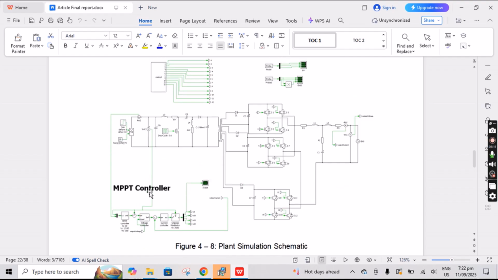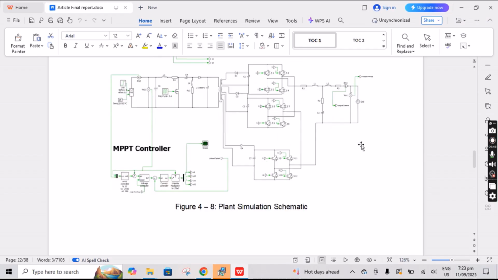This is the PLECS simulation. The MPPT controller is used. This is the input PV system, which calculates the voltage and current, and then it goes to the H-bridge. It uses boost converter circuits and then the transformer, which connects to the H-bridge, and the H-bridge converts again to the AC system, which provides power to the grid.